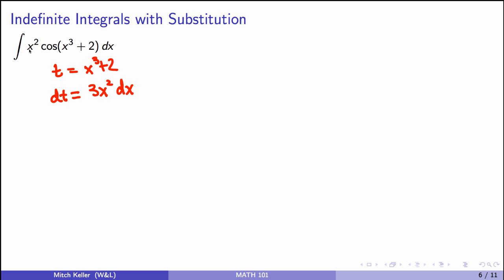Well, wait, we've got x squared dx, so we can do a little bit of algebra with this, and we can say 1/3 dt equals x squared dx.